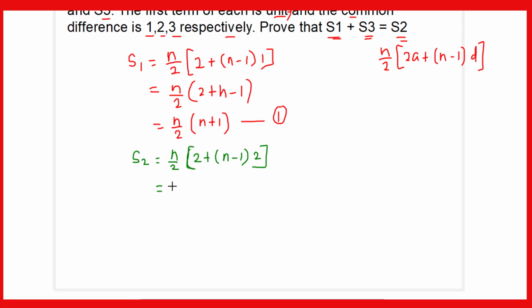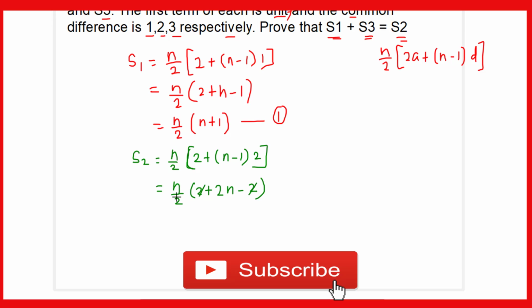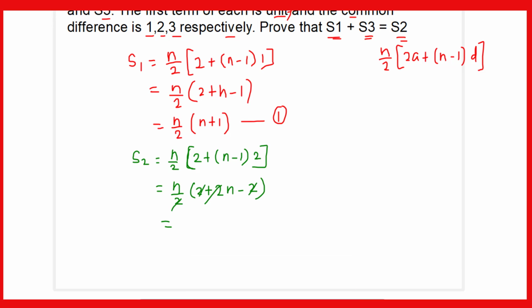So this is equal to n by 2 into bracket 2 plus, multiplying by 2 inside the bracket, 2n minus 2, close the bracket. 2 and 2 will get cancelled, so it will be n by 2 into 2n, so 2 and 2 will get cancelled and this will be n square. So S2 is equal to n square.